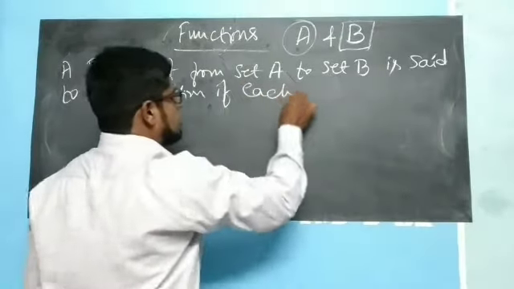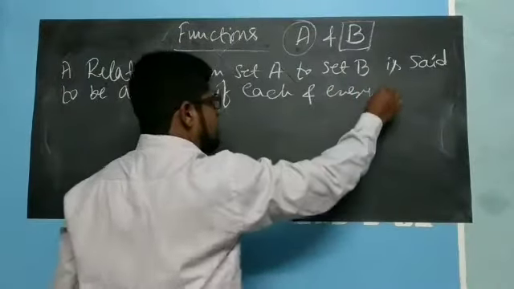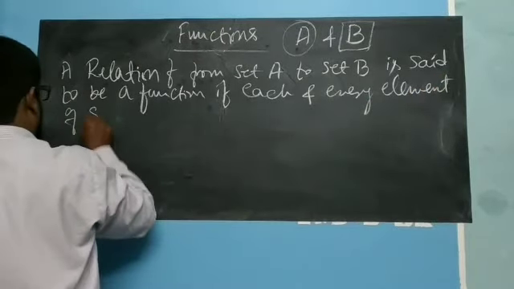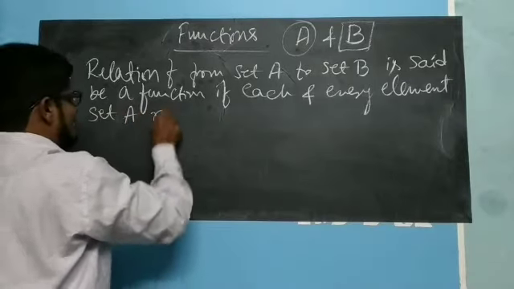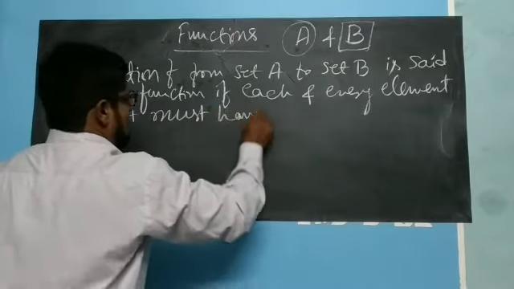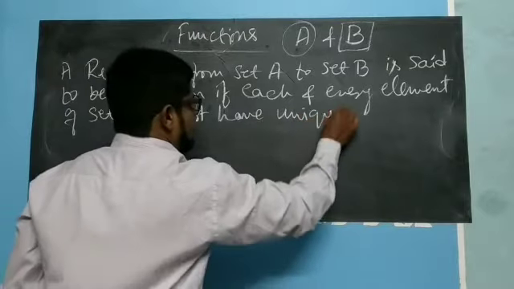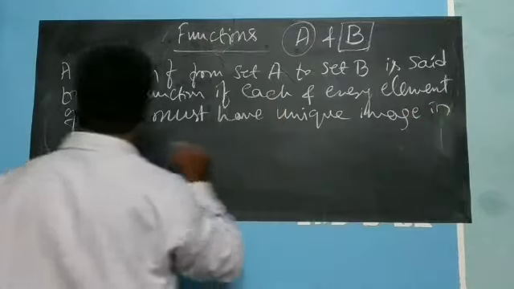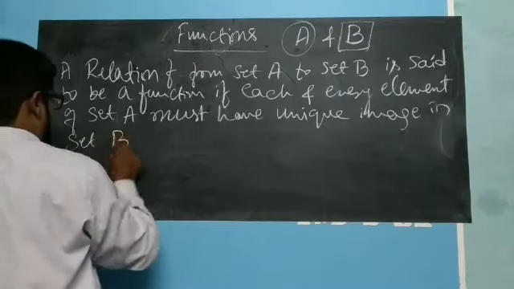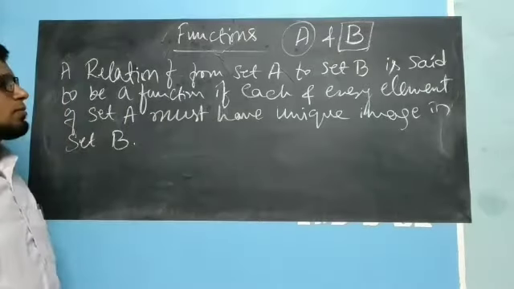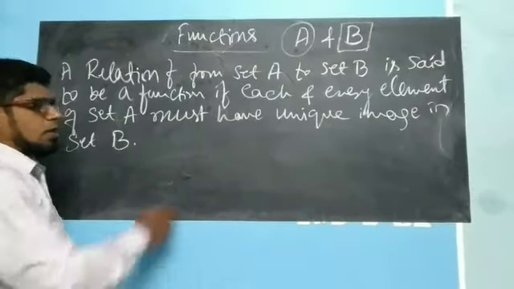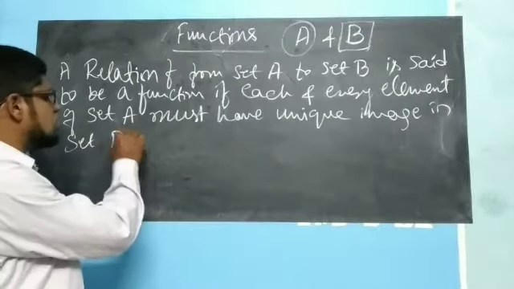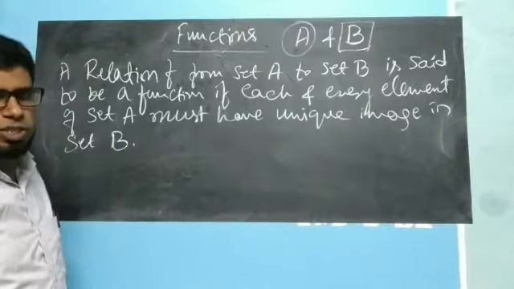Every, that is, each and every element of set A must have a unique image in set B, or this is also called a mapping from set A to B. So this is the basic definition of a function.